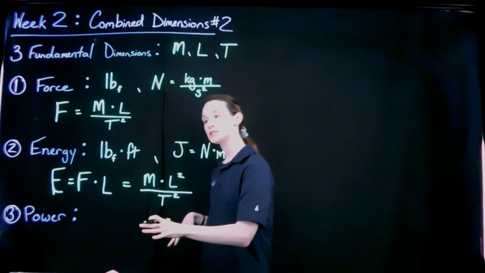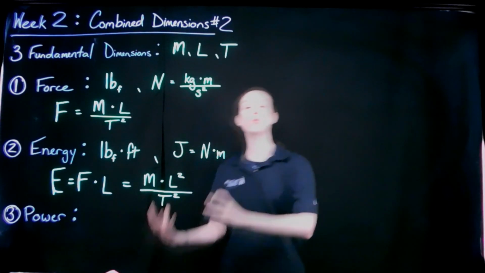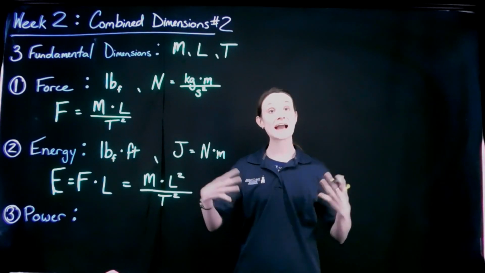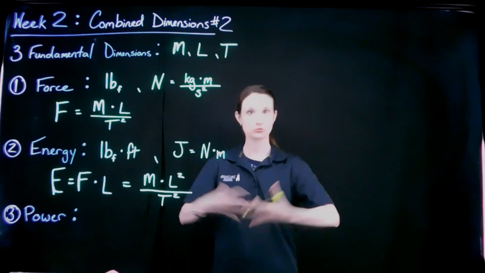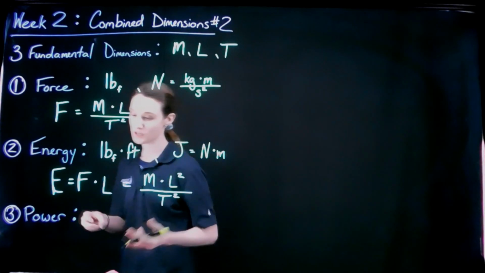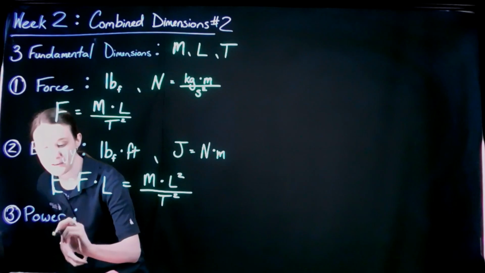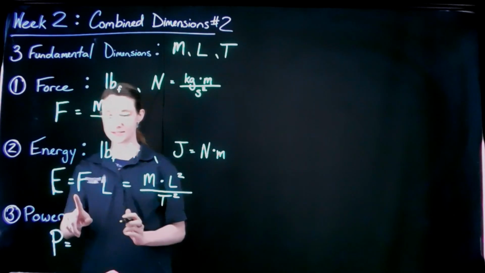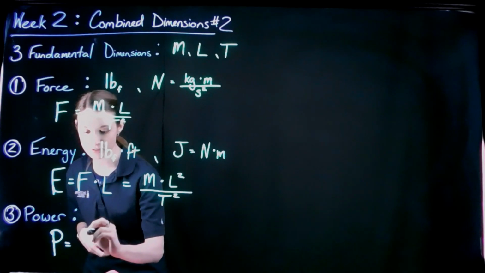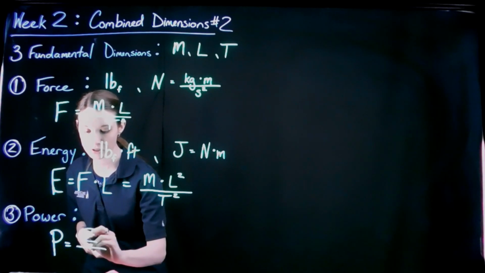Now our third combined unit is taking energy one step further. It's saying how fast are you using energy? How fast is energy being created, perhaps? So we have power, and this is an energy per time.